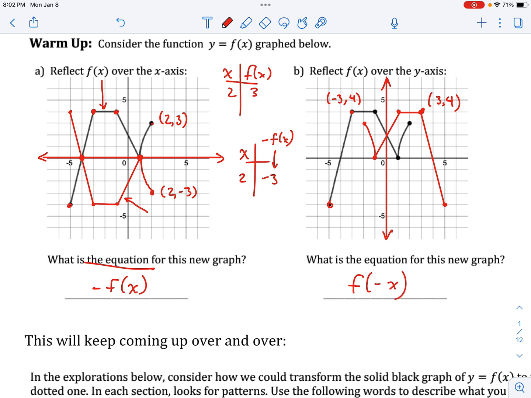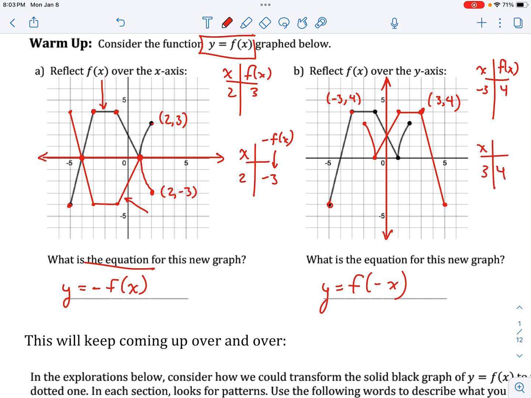And to code that into the function equation, the y value here is now f of negative x. Maybe that's a little harder to see with this second one. The original function had x and f of x as negative 3 turned into 4, so how do I get 3 to turn into 4?